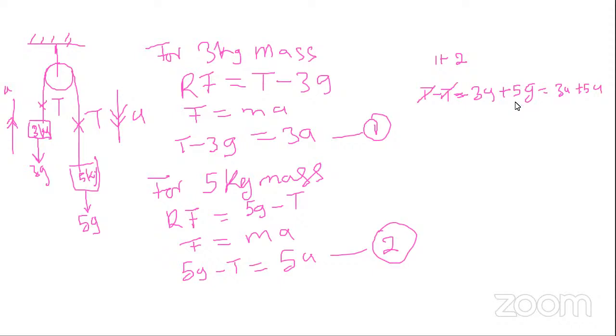So this cancels; 5 minus 3 is 2g. We shall have 2g is equal to 8a, whereby our a will be 2g over 8. And the 2 over 8 can be written as 1 over 4, g over 4.